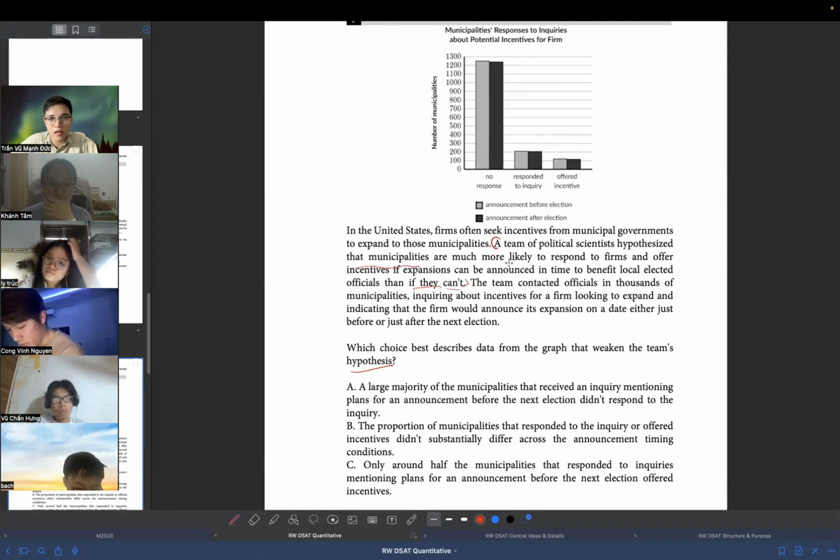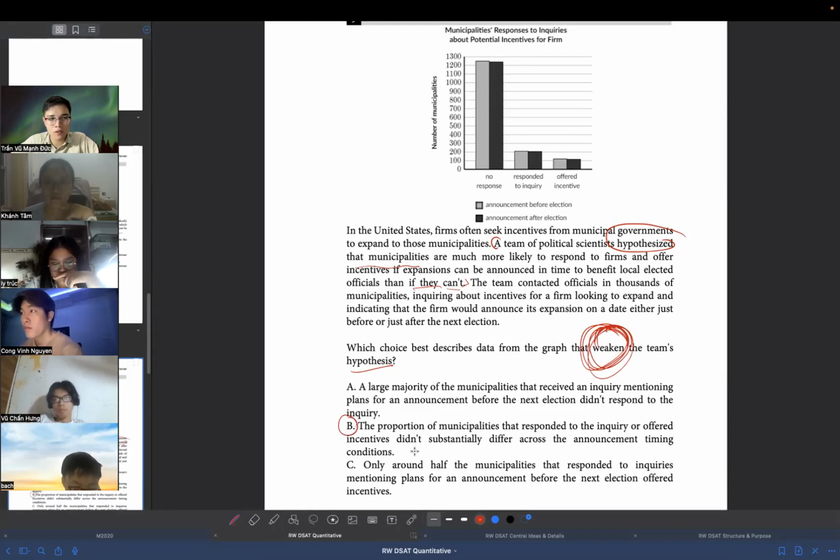So this one is the hypothesis because of the verb hypothesized: municipalities are much more likely to respond to firms and offer incentives if expansions can be announced in time to benefit local elected officials than if they can't. Which weakens, you have to take this very seriously because the word weaken can make or break our answers. So you chose B, right?